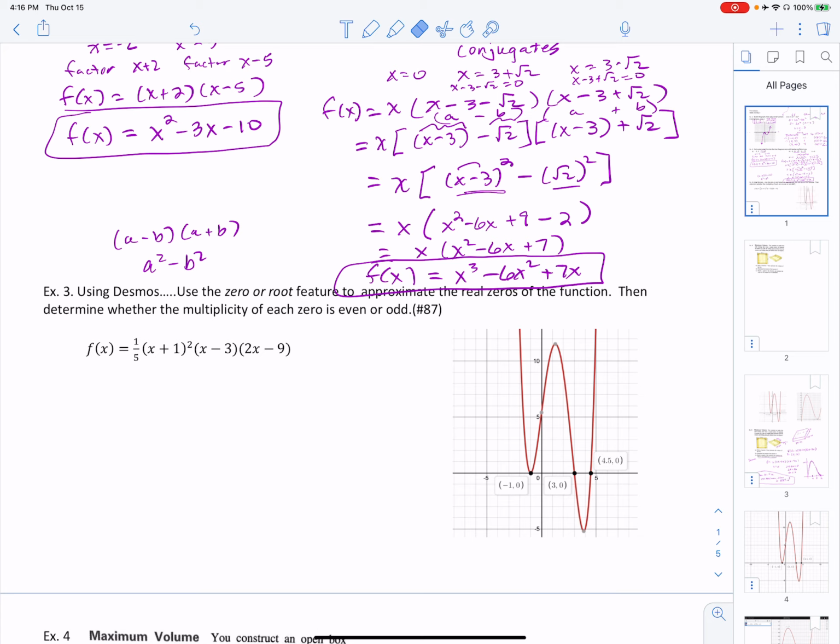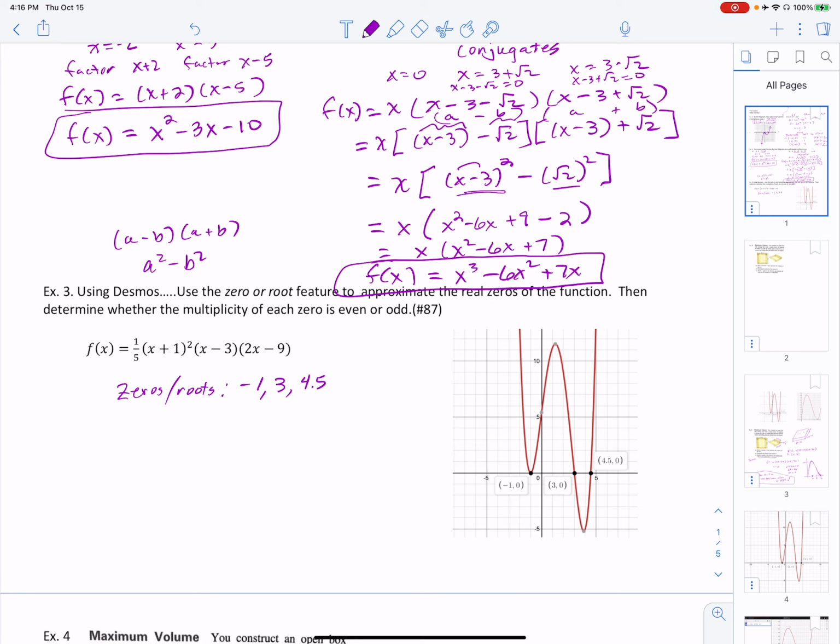All right. So anyway, use a zero or root feature. In Desmos, you just tap on it or hover over it to get them. There are other processes on graphing calculators, and you can put in your graphing calculator model and learn how to use your graphing calculator to find zeros and roots. And then determine, so the zeros or roots are -1, 3, and that 4.5 or 9/2.